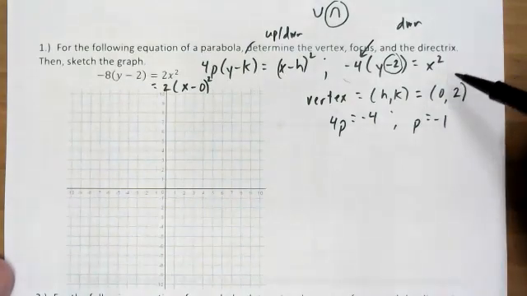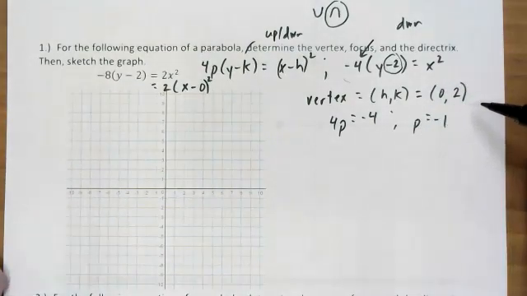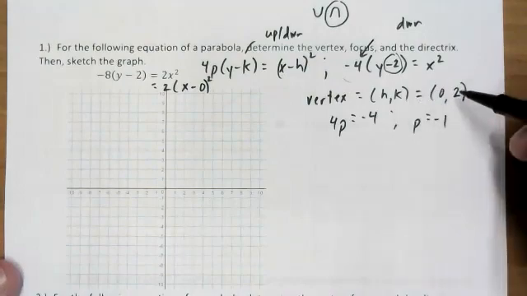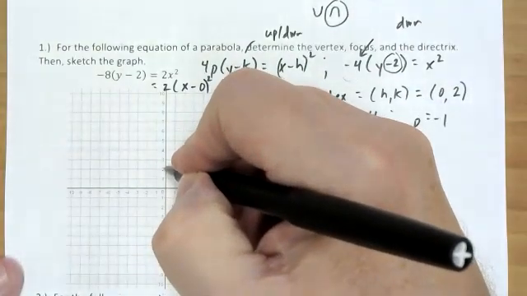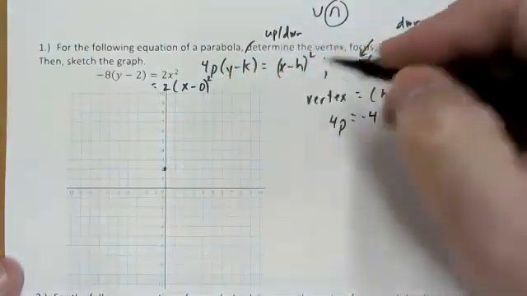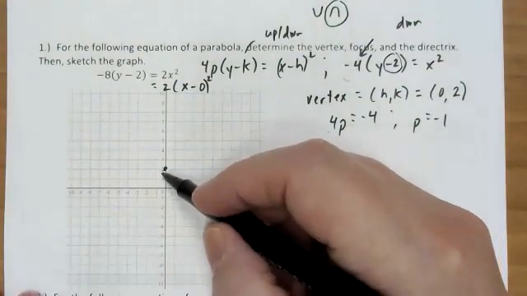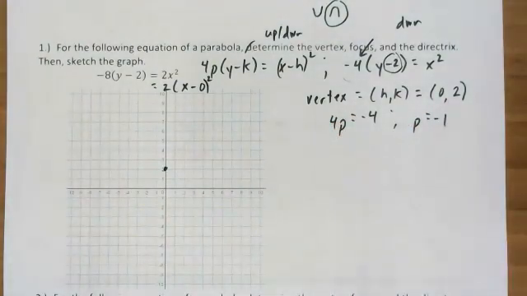Now, really, since I found the vertex and the value of P, I have everything I need to start sketching this parabola. So the vertex 0, 2, x is 0, y is going to be 2. Since I know this is a down parabola, I know it's going to go like this.